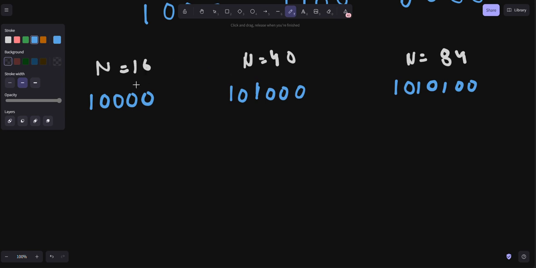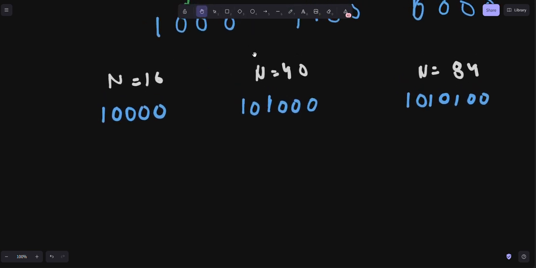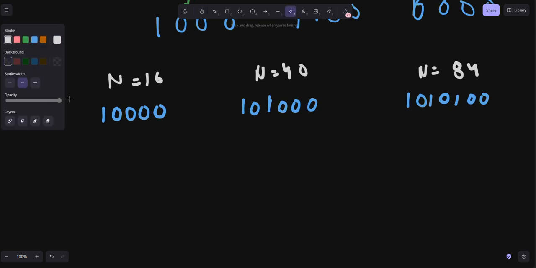Now n is equal to 16. Fine. We will start here. What if I make this n minus 1, which will be 15? What will be the bit representation of 15? It is represented as 0 1 1 1 1.